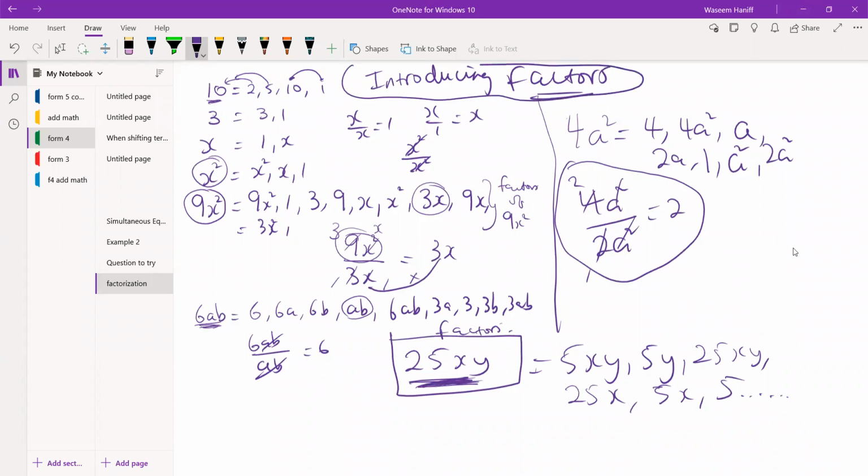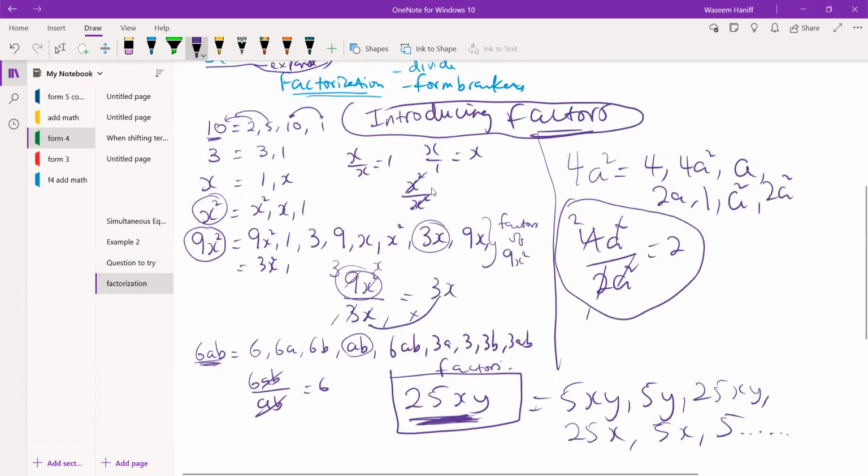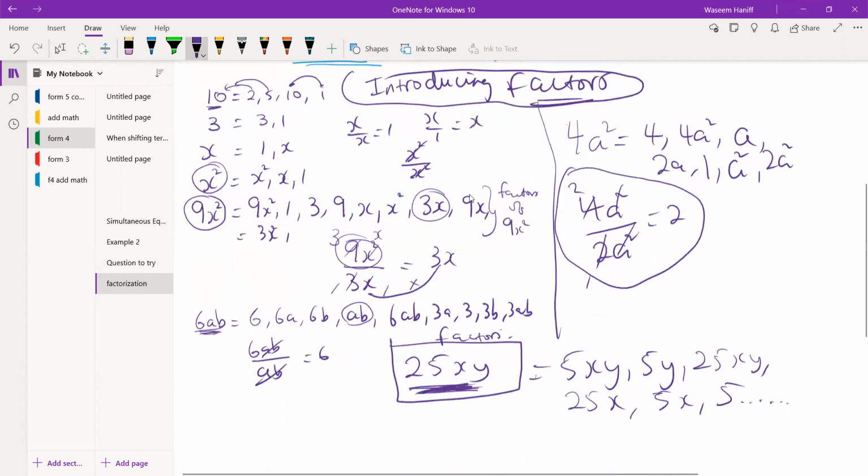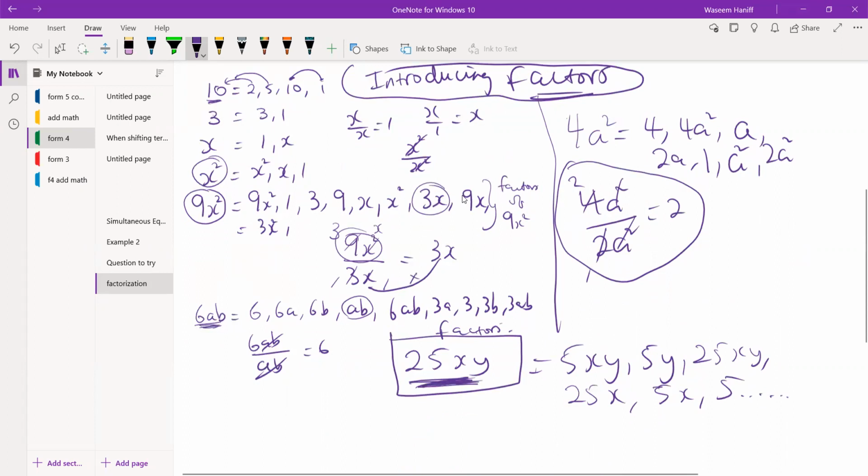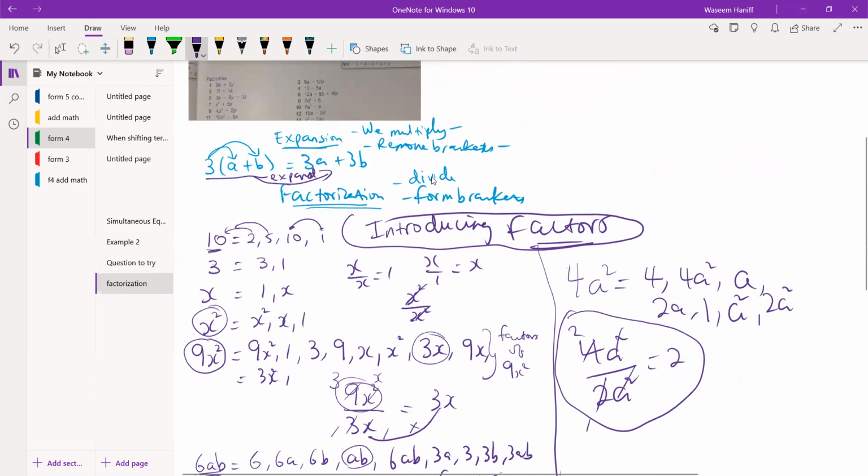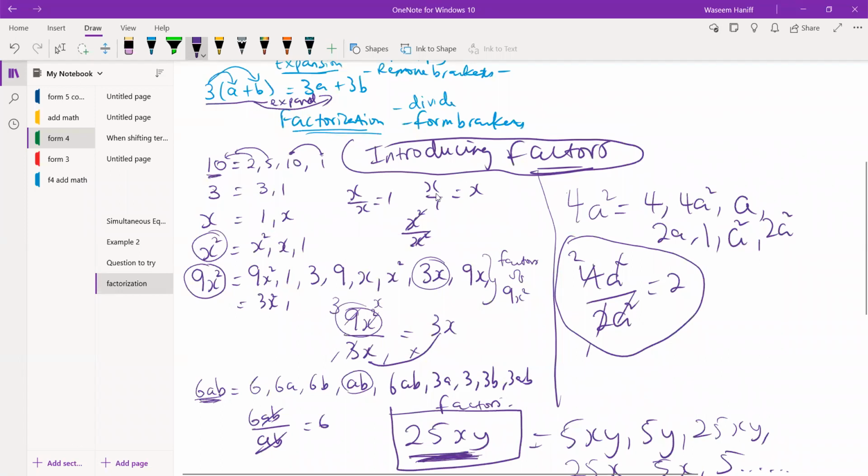Introducing factors. The main heading here is factorization. We have done this idea, factorization. And what is factorization actually? We got a little taste of that just now. Factorization is just the opposite of expansion. To factorize, we're going to divide and form brackets.